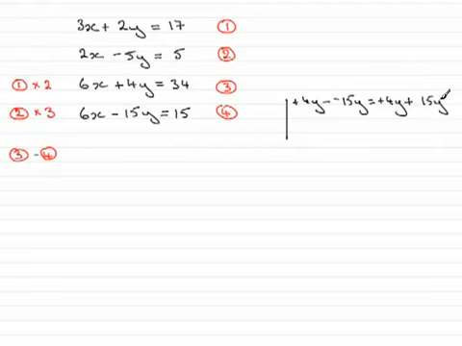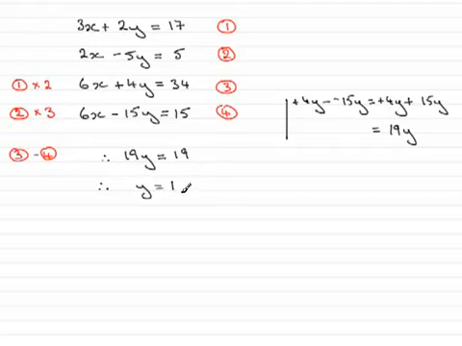So plus 4y plus another 15y is plus 19y, or simply 19y. By subtracting the two equations, the x's have gone, but the y terms give us 19y. So we have 19y, and then 34 take away the 15 leaves me with 19. Dividing both sides by 19 leaves me with y equals 1.